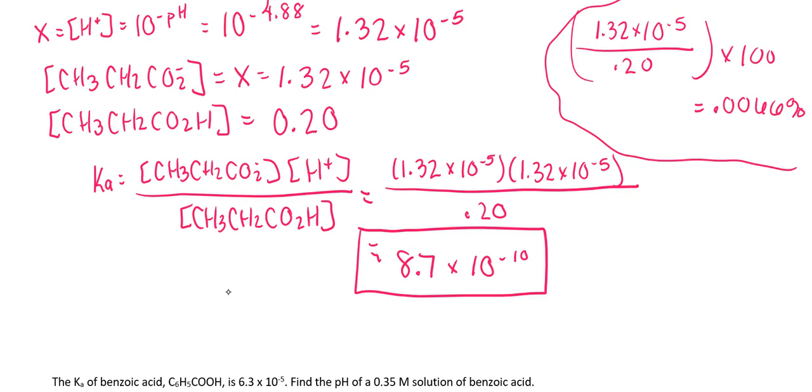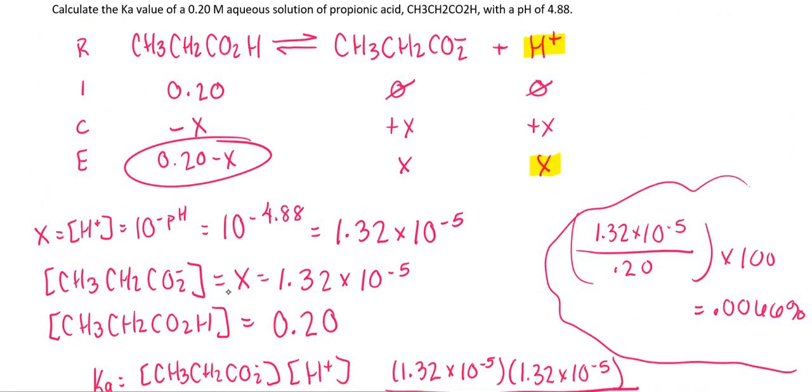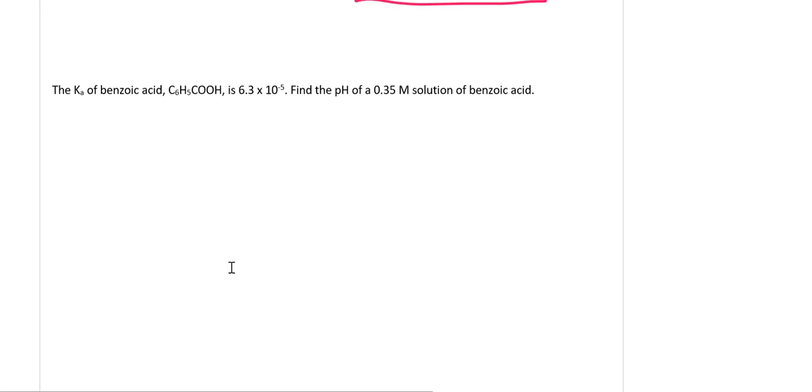All right, next two problems are going to be the reverse. So for these two, you were given pH and you were solving for Ka. Now you're going to be given Ka and we're going to be solving for the pH. So weak acids, again, partially dissociate.